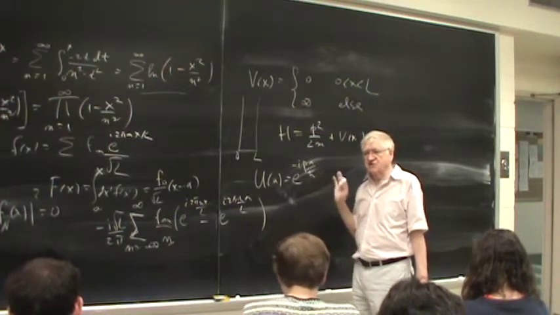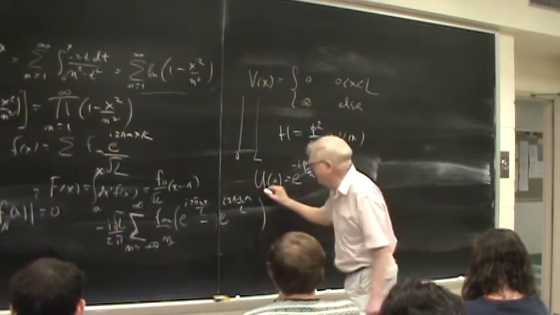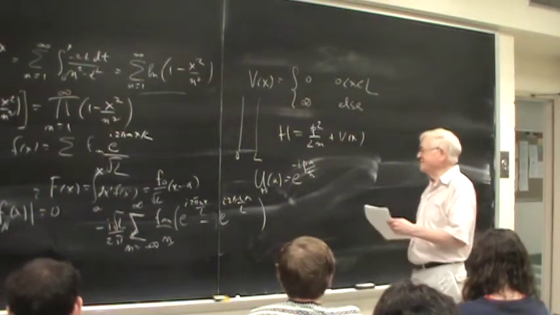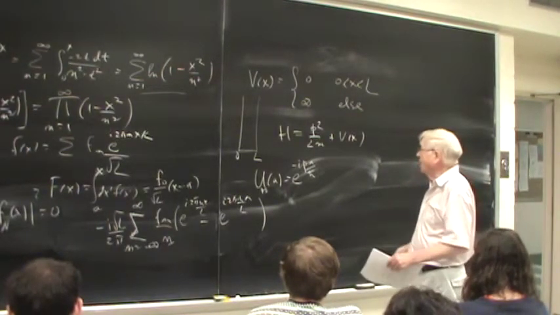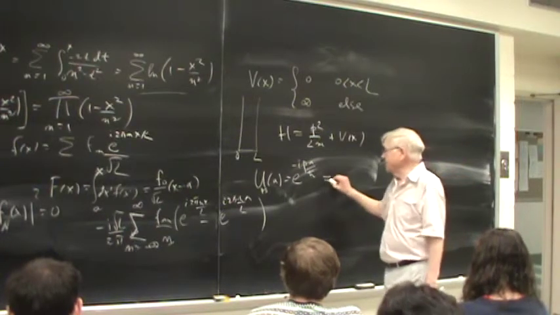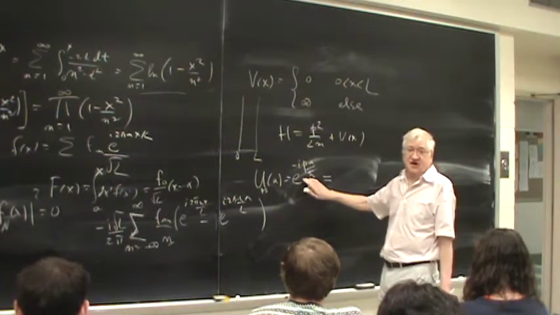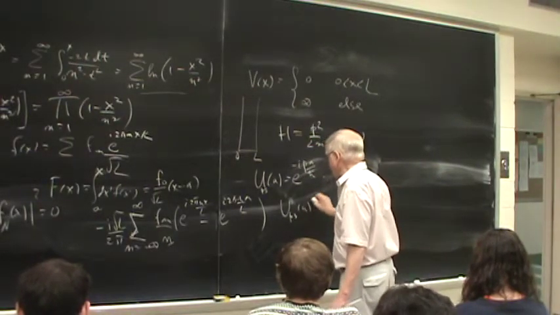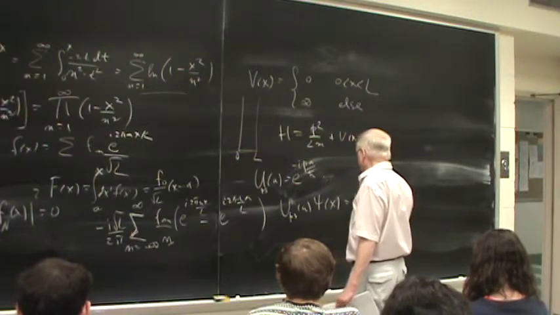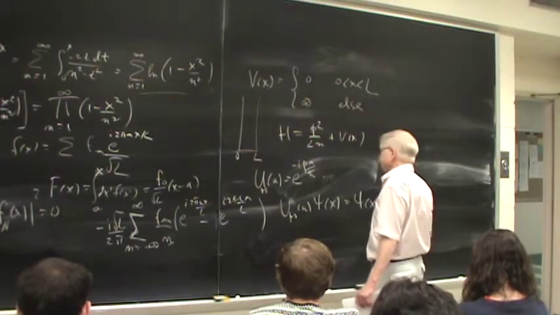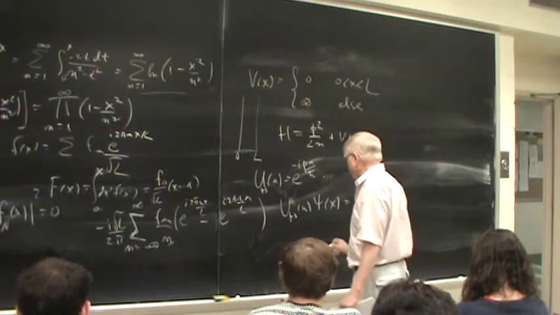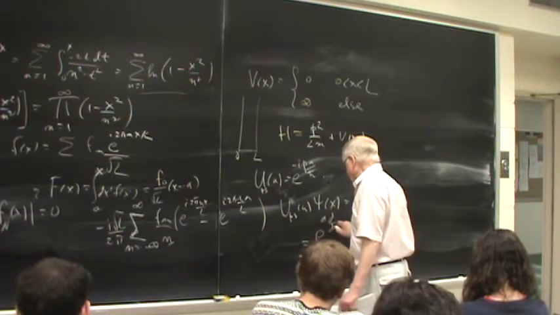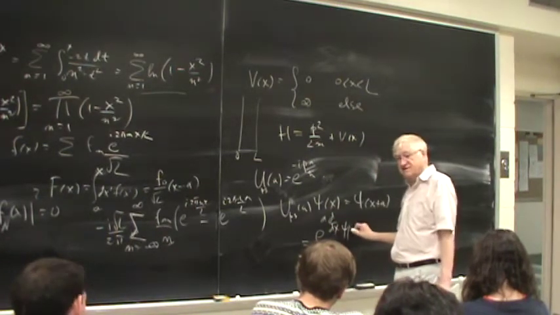It takes a state and shoves it. So I should write this as U of a. And now, how do we do this if we're acting on a function? Well, U of a acting on some function psi of x is going to be psi of x plus a. And so this should be e to the a d by dx on psi of x.